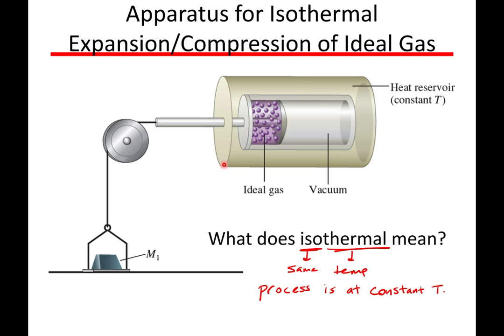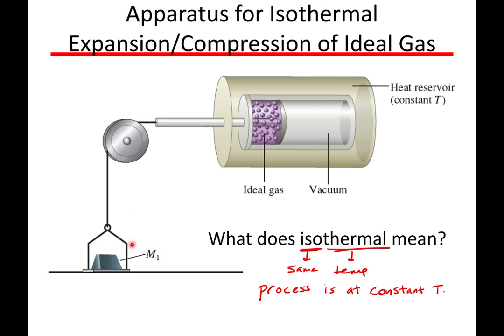Now, to perform the expansion or compression, you have weight. By increasing the amount of weight that's being put down here, you can contract the gas by pulling in the piston and making the system occupy less space. And you can remove weight from this apparatus.